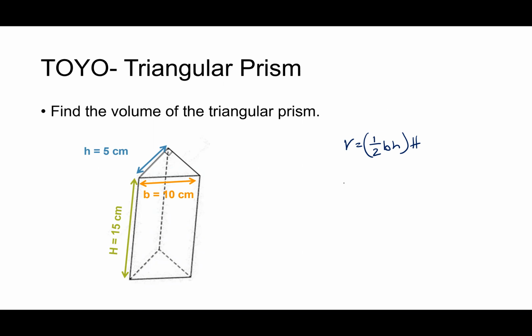All right, so for this particular problem, Caleb, how did you substitute in the values? What's my next line of work? Times 5 times 15. Nice job. And then we can cross cancel, and we have volume equals 25 times 15.